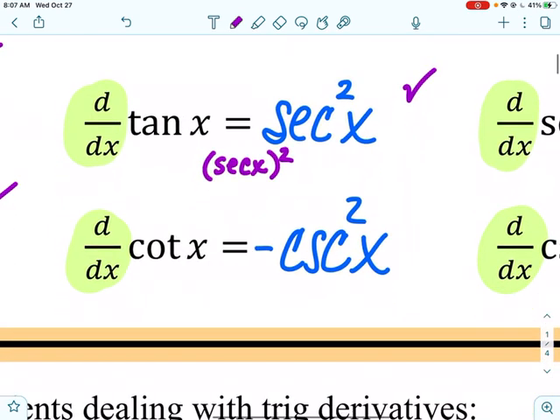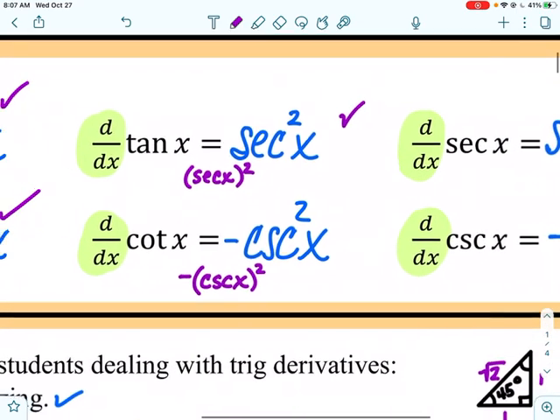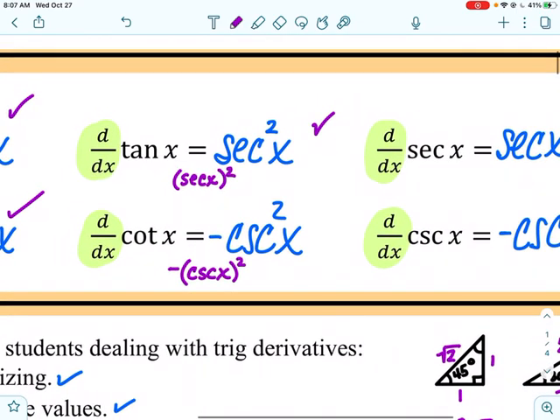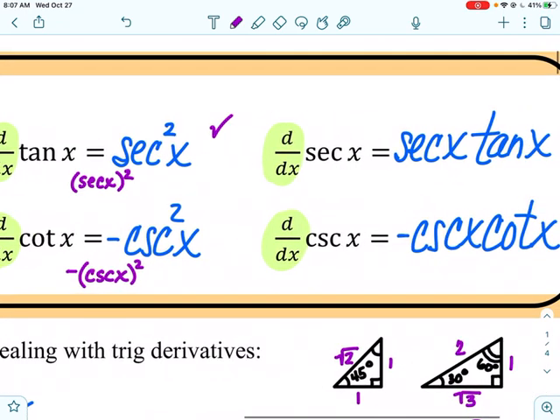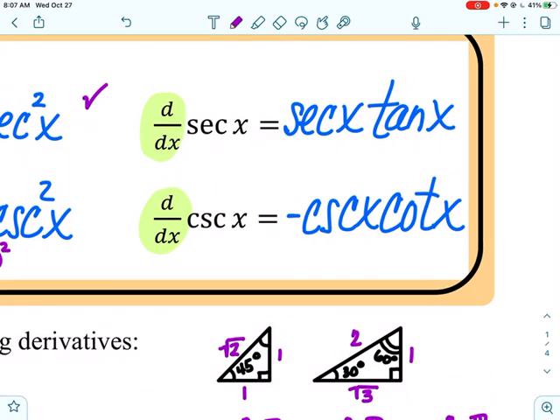The same is true down here, where the derivative of cotangent is negative cosecant squared, so it'll be negative, and then we square the cosecant x value. It's just the notation we use in trig because we don't want an ambiguous expression: is it squaring the x or squaring the trig function? The derivative of secant is secant tan, and the derivative of cosecant is negative cosecant cotangent.